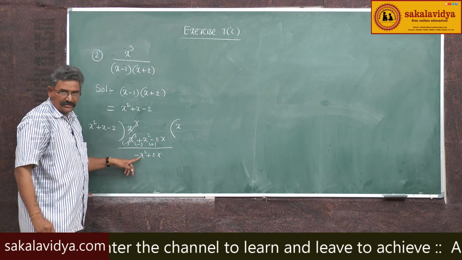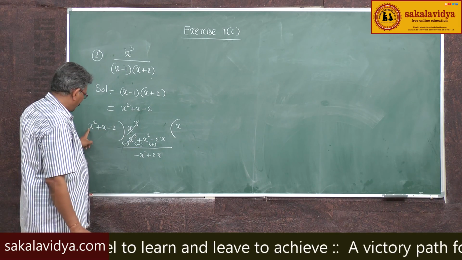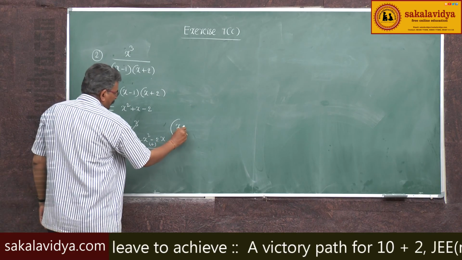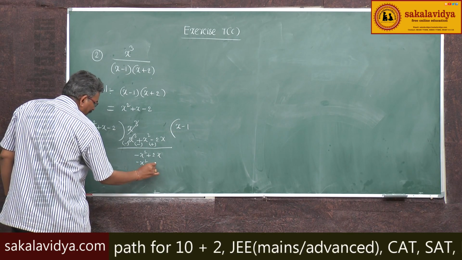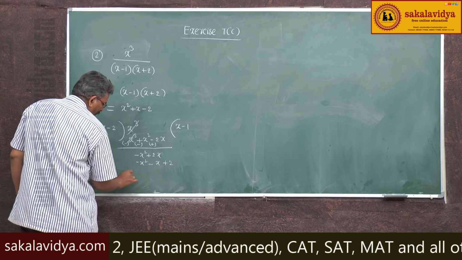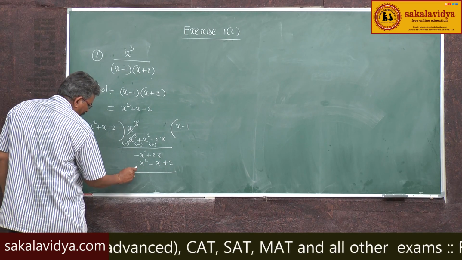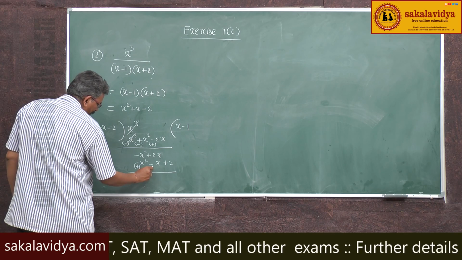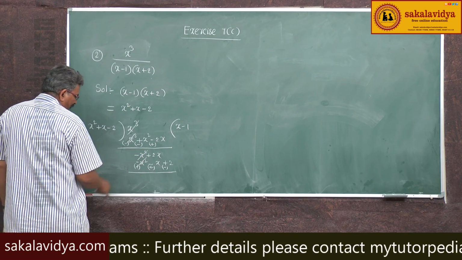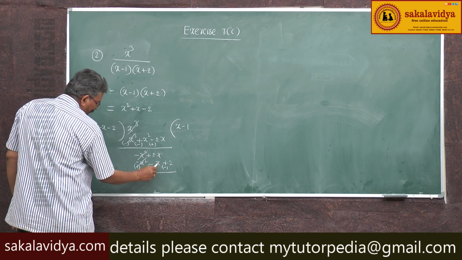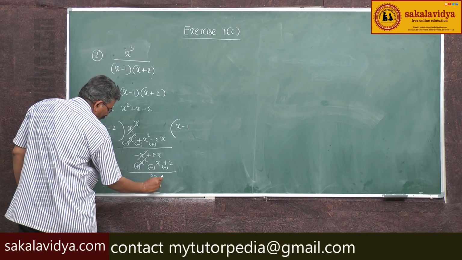Now, minus x square divided by x square, you get minus 1. So, minus x square minus x plus 2. Again subtract, the sign changes, plus here, this becomes minus. x square gets cancelled, 2x plus x is 3x, and minus 2.